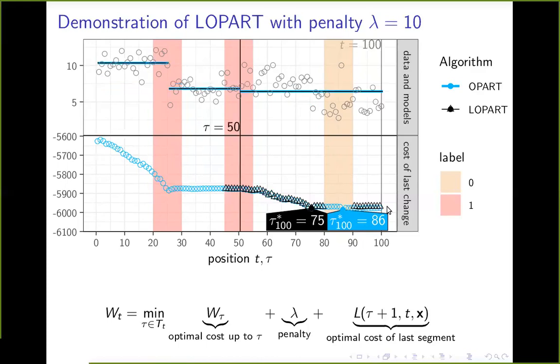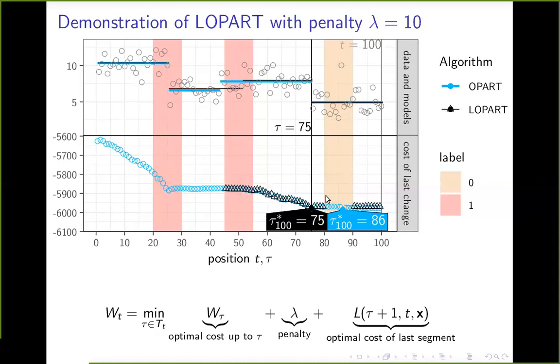Whereas with the Lowpart algorithm, you only have to consider the ones going up to the previous one labeled region and not including any of the zero labeled regions. You see there's no black triangles in the zero labeled region here.